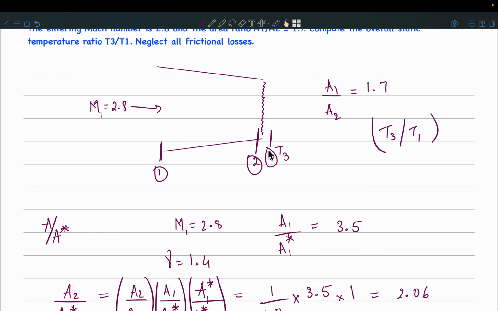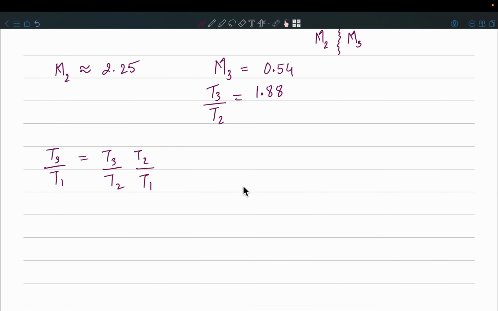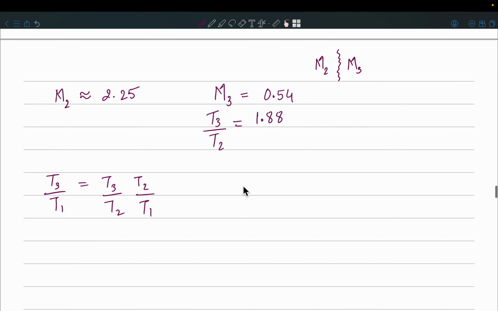So remember 1 to 2, what is happening? It is an isentropic relation, right? Isentropic flow. So what happens in that? Exactly, stagnation temperature remains same. So I can say T02 is equal to T01, and I know T0 is equal to T into 1 plus gamma minus 1 by 2 M square, isn't it?